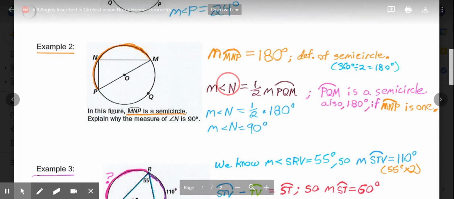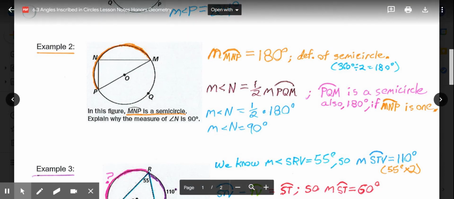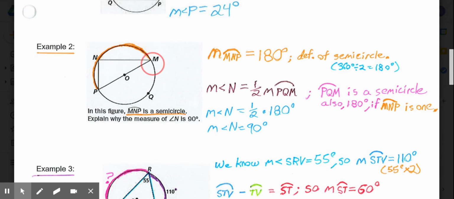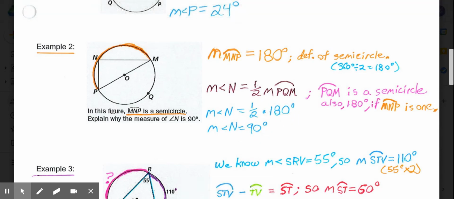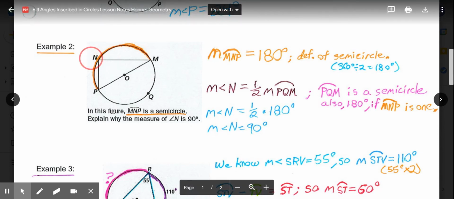We know the measure of angle N would be half the measure of arc MQP, this arc here, because angle N is an inscribed angle, so the intercepted arc would be P to Q to M. We know PQM is a semicircle, or 180 degrees. So half of 180 gives us the measure of angle N, which is 90 degrees, or a right angle.